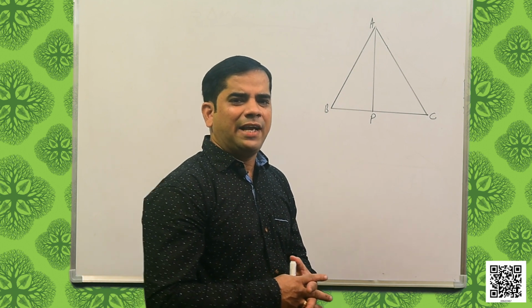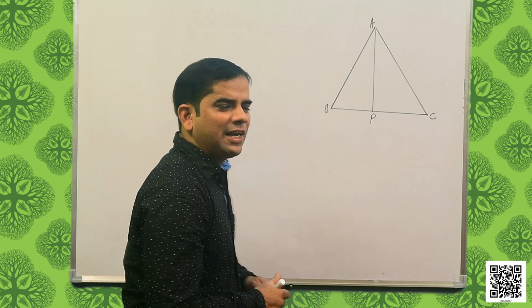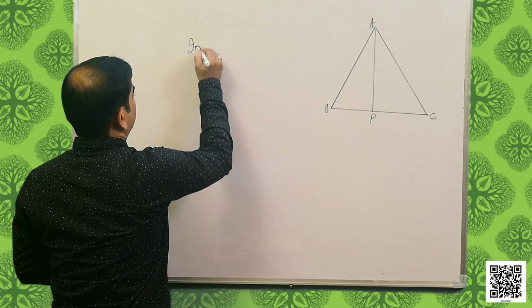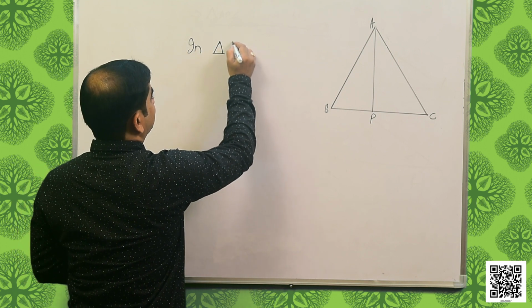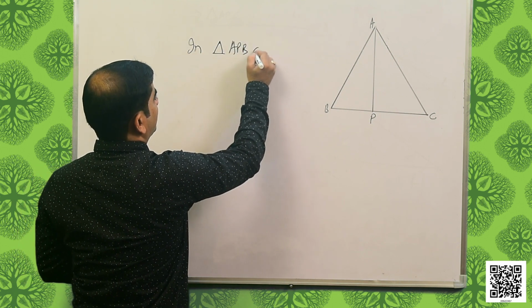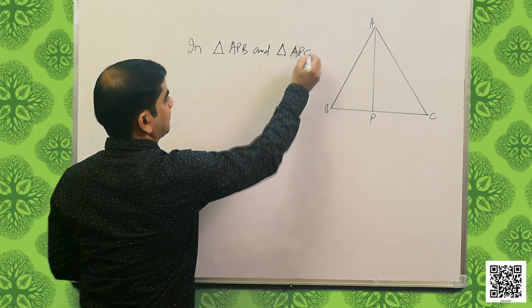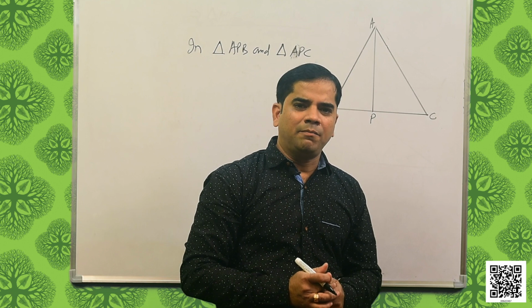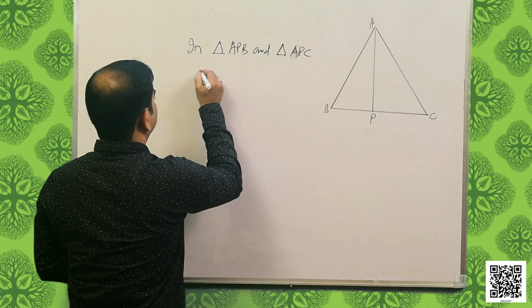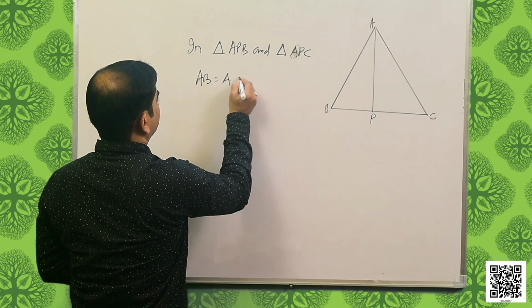Consider triangle APB and triangle APC. In triangle APB and triangle APC, what do we have? We have AB is equal to AC. It is given.